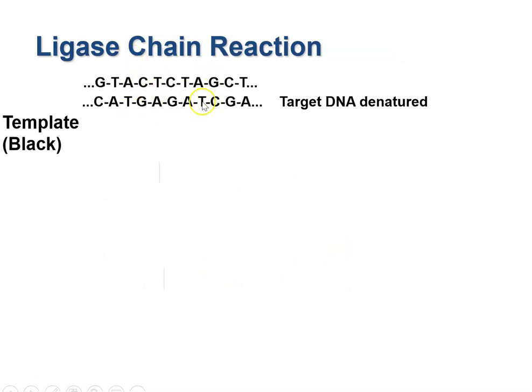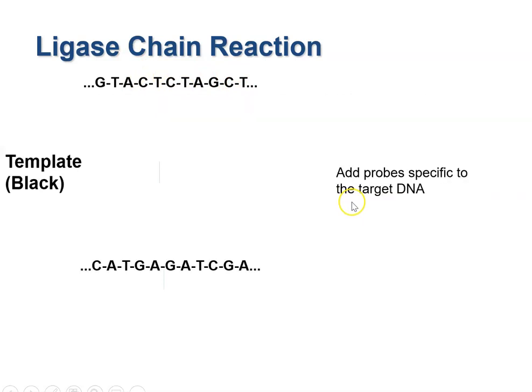Here is some template DNA that we want to detect. And to detect it, firstly we denature the DNA, and then we add in two individual probe sets. One which is antisense to the top strand, one which is antisense to the bottom strand.